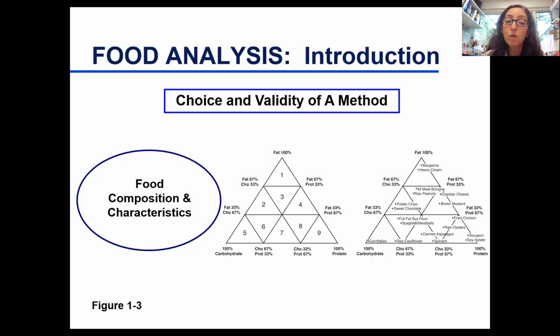Every category of food will have different composition, and we will be running protein, fat, and moisture using different methods. Then you will practically determine which method suits best for different foods based on the components. And we're going to go over reasons why some methods are better than others in certain categories, for dairy foods versus cereals versus nuts.